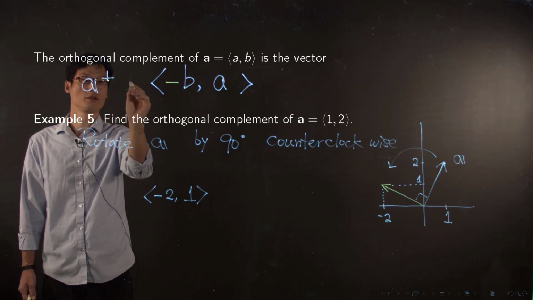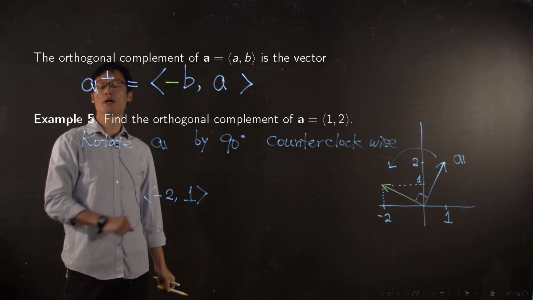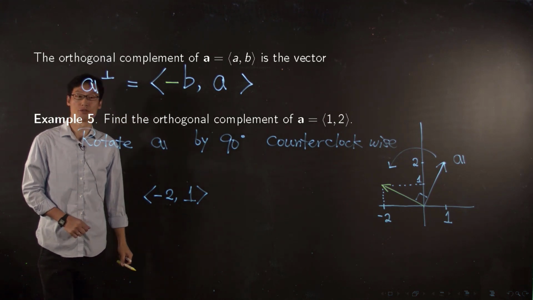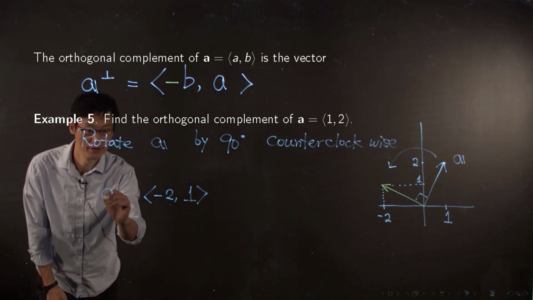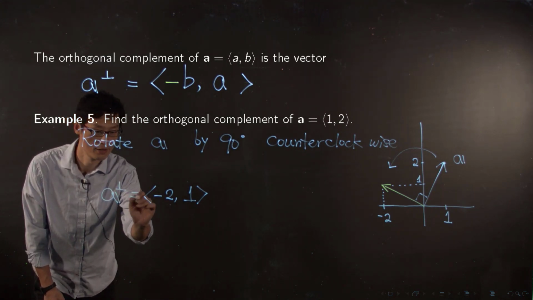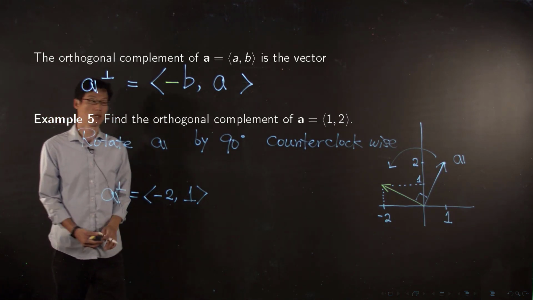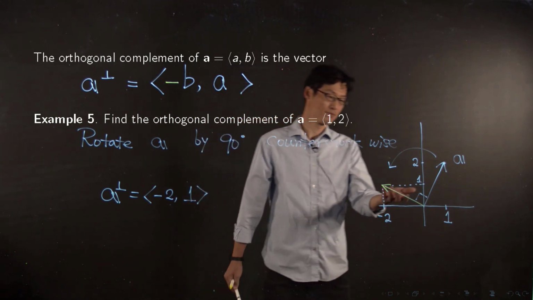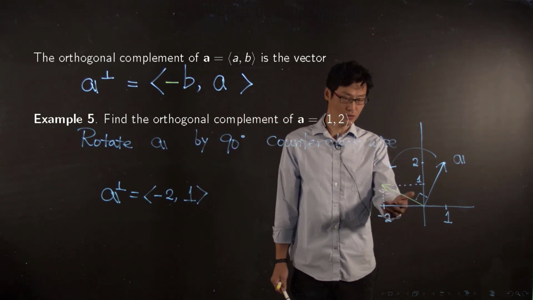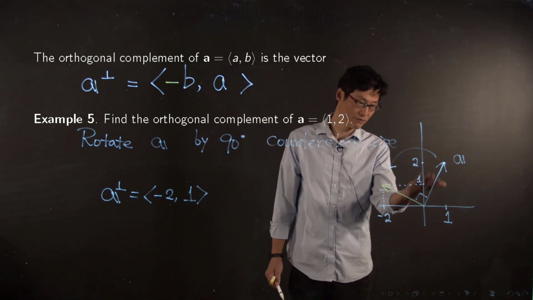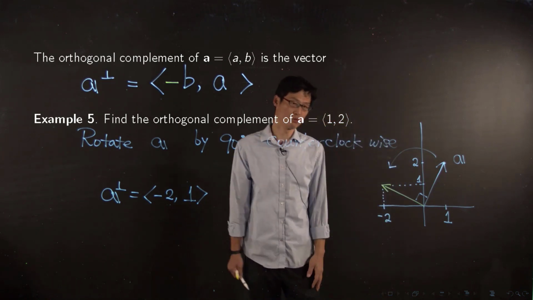The notation is this: you put this symbol on the shoulder of the vector, and so this is the orthogonal complement. Geometrically, the orthogonal complement is the vector that you will get after rotating the given vector by 90 degrees counterclockwise.